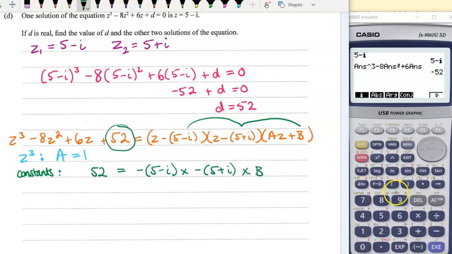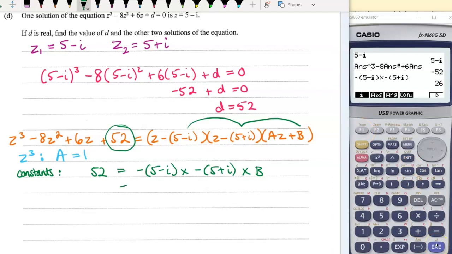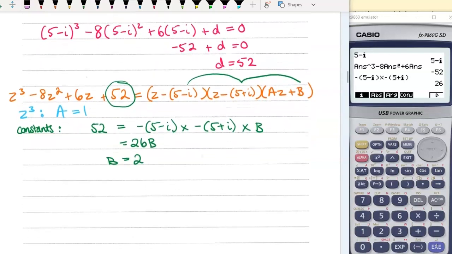Okay, now if we pop in negative 5 minus i times negative 5 plus i, that gives us 26. So this is equal to 26b, and b will then be equal to 2, because 52 divided by 26 is 2.